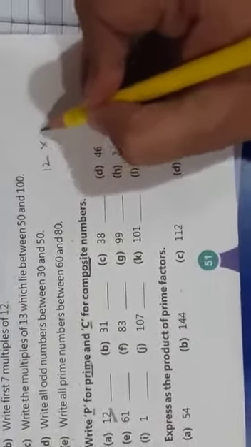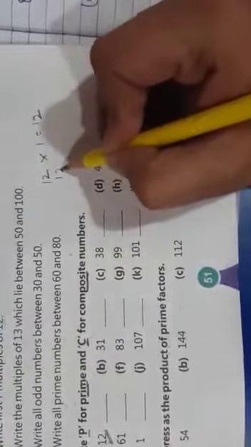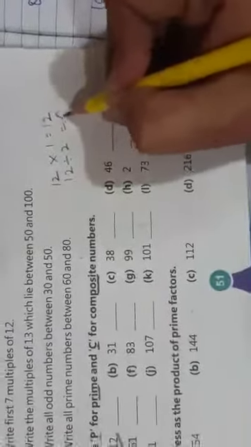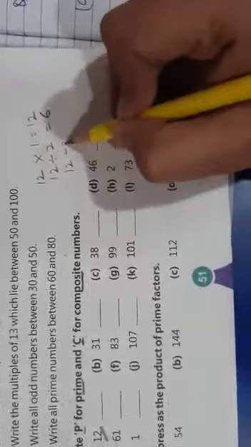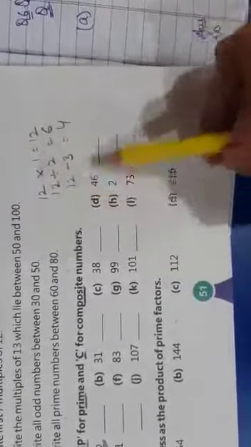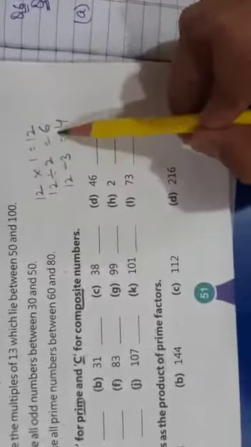I am taking up 12. 12 ones are 12. 12 is divisible by 2 also, 6. 12 is divisible by 3 also, 4, it is divisible by 4 also. Means it is divisible by more than 2 numbers, 1 and the number itself. So it is a composite number. We will put C here.